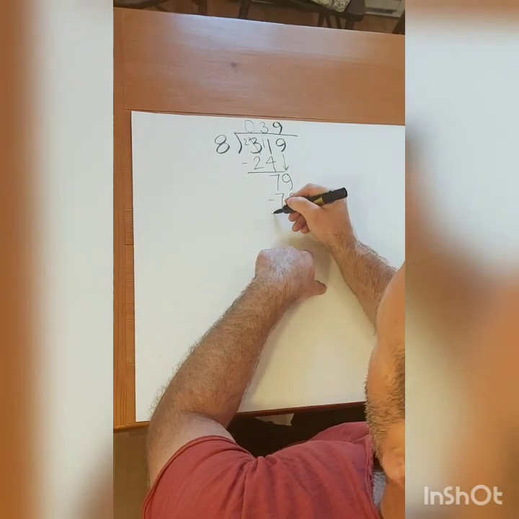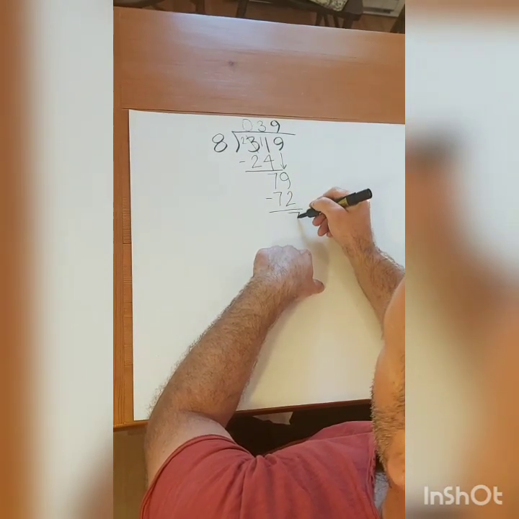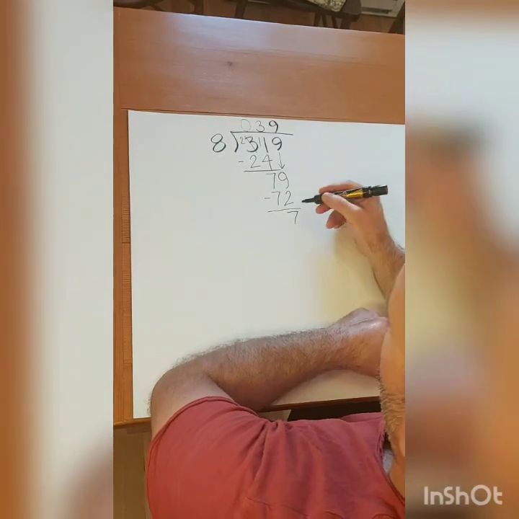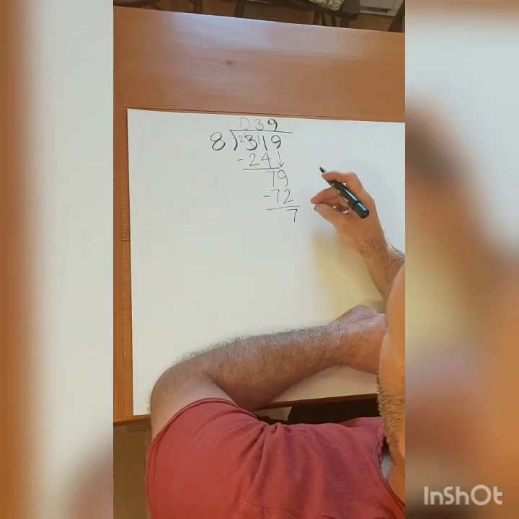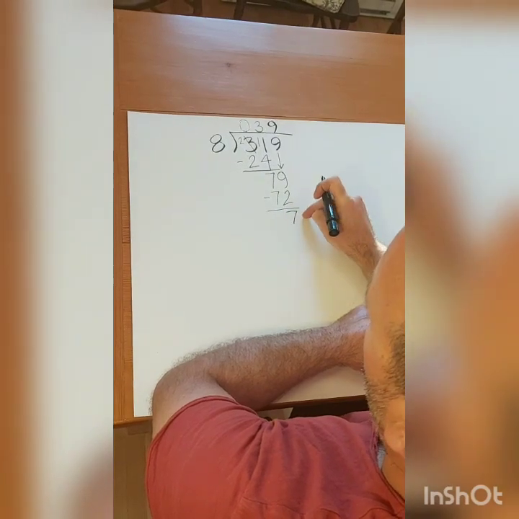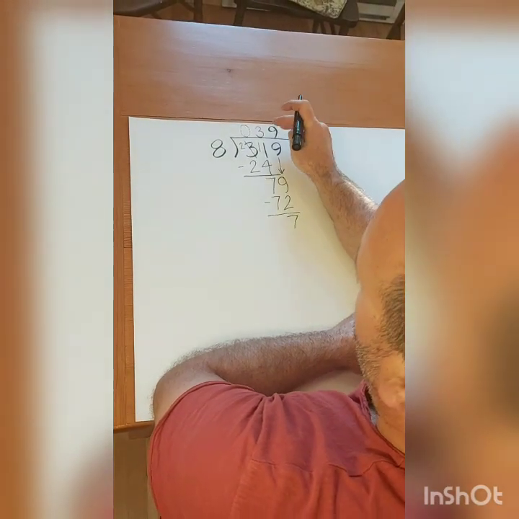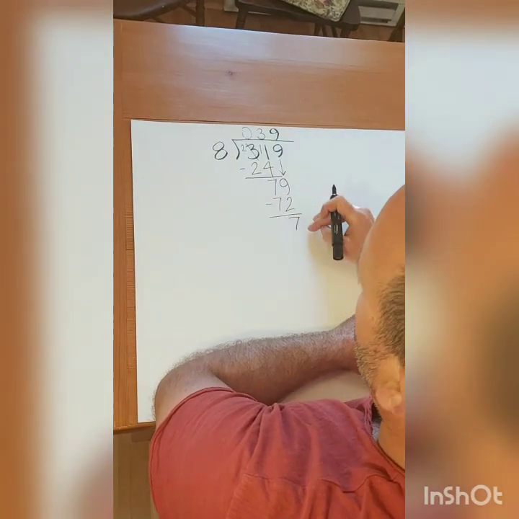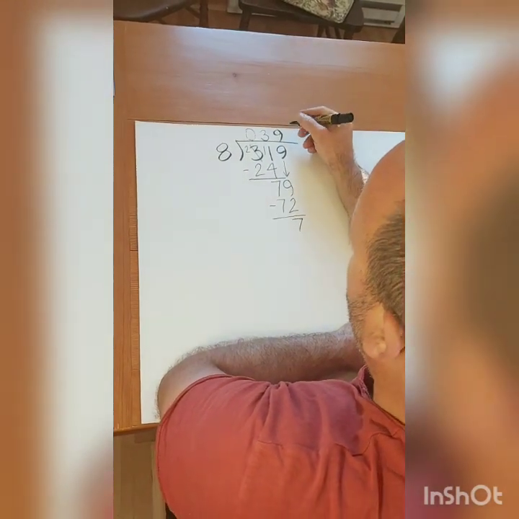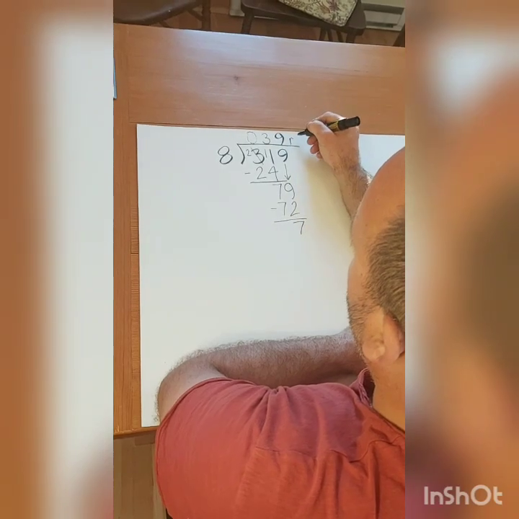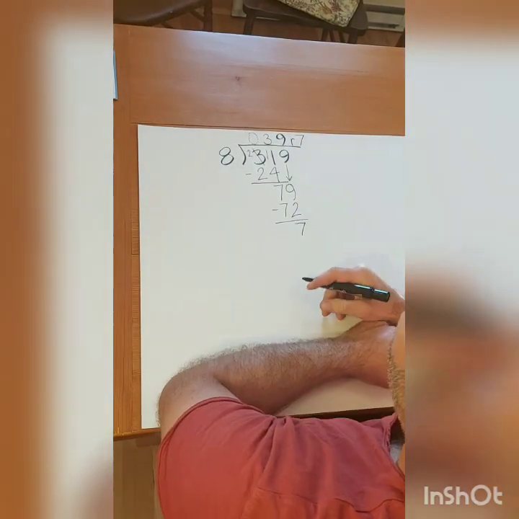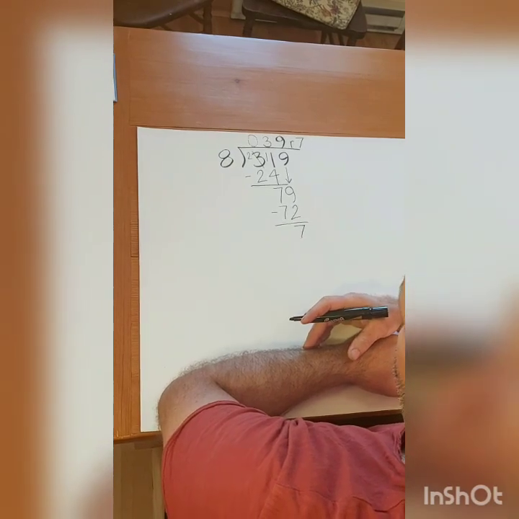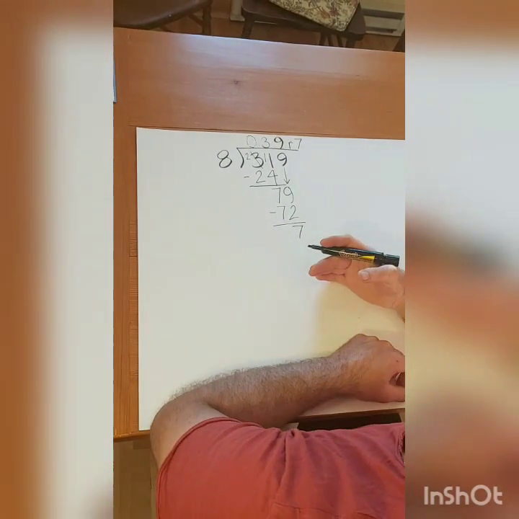I subtract, and 9 minus 2 is 7. What the students learned early on was just to mark this as a remainder, that we have made 8 groups of 39 and there's 7 left over. So we would simply write remainder 7. That is the answer for our first question.